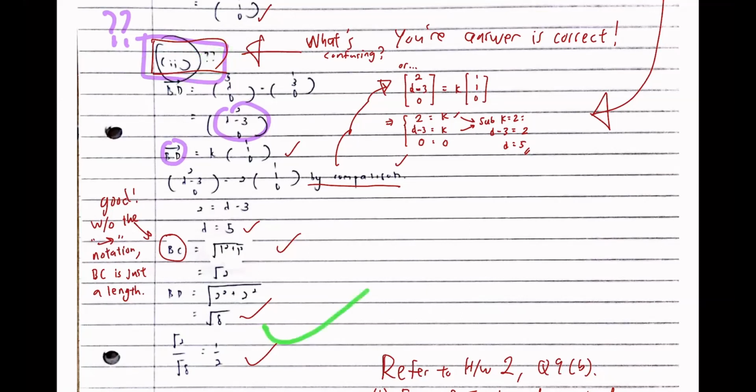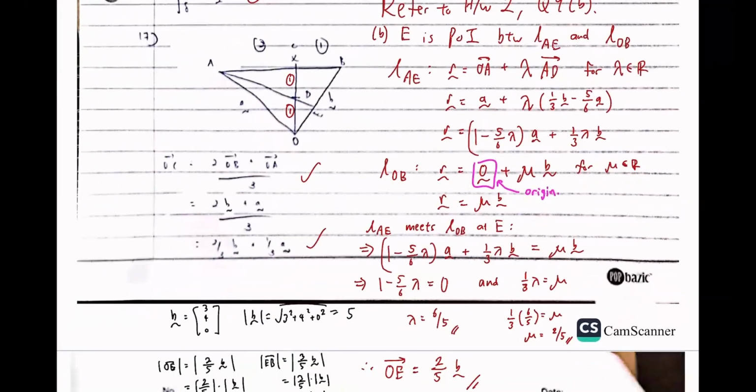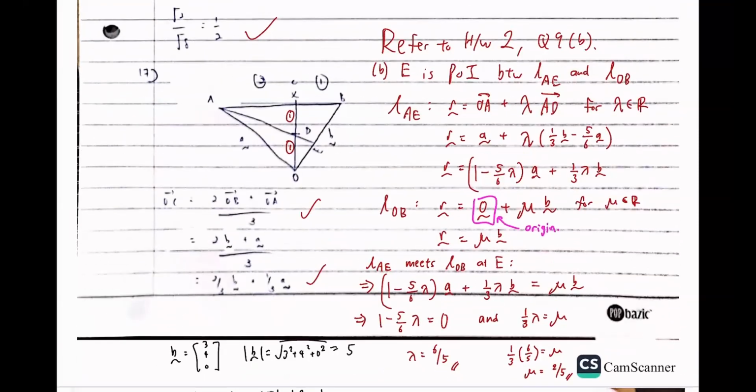It's perfect. Oh, I probably thought my answer was not correct. Okay, good. Well done. Be more confident. You're correct. Okay, moving on. The rest is all correct for question 16.